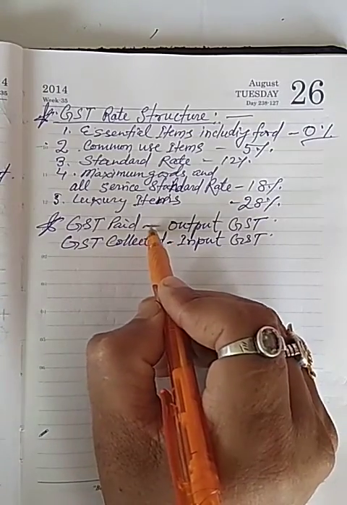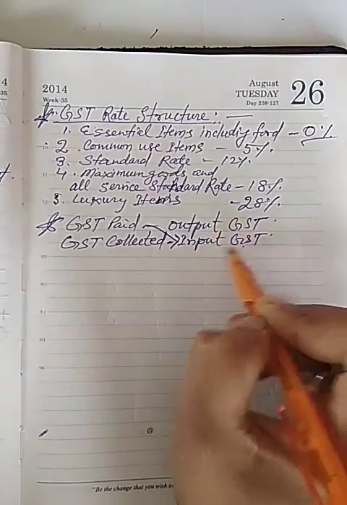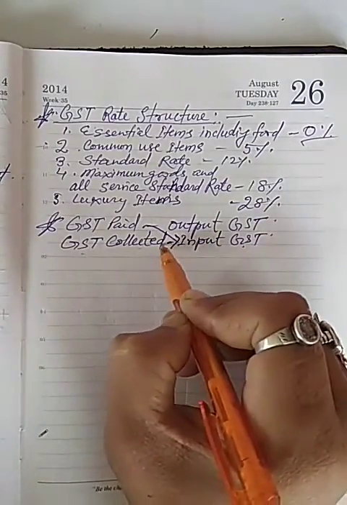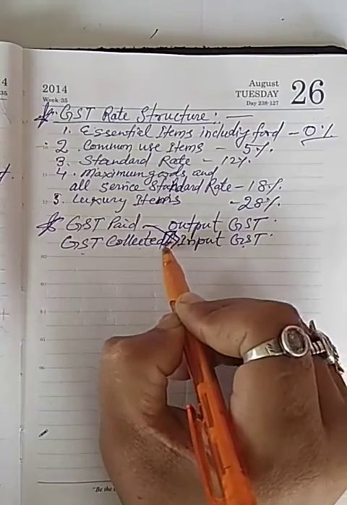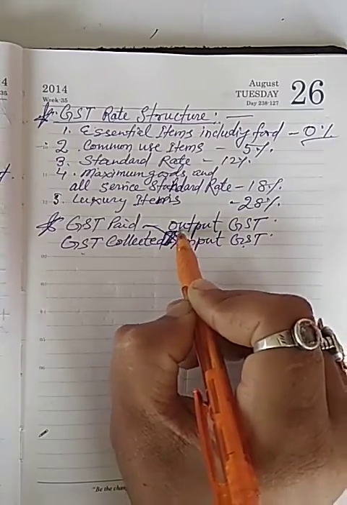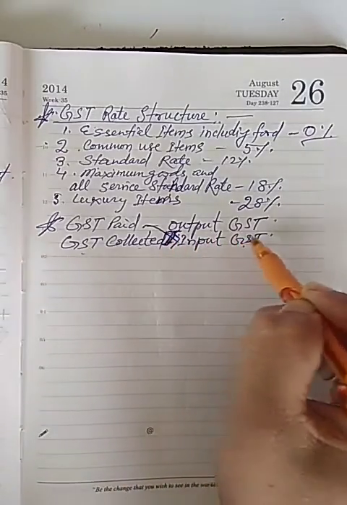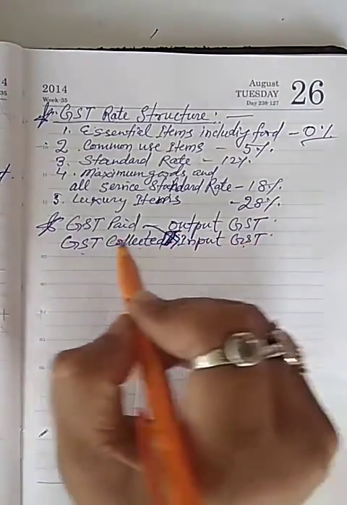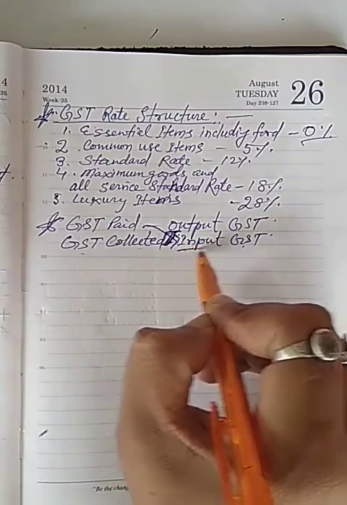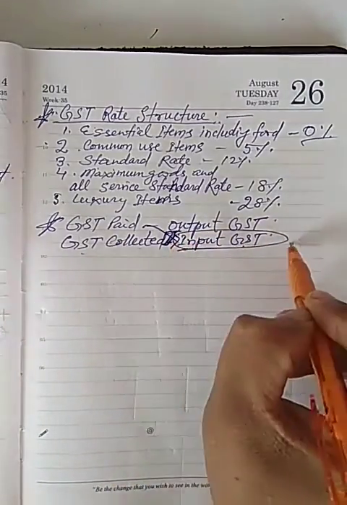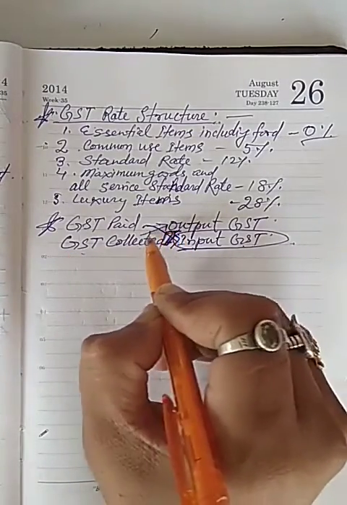By mistake it has been written in the other order: GST paid will be input GST, and GST collected will be output GST.